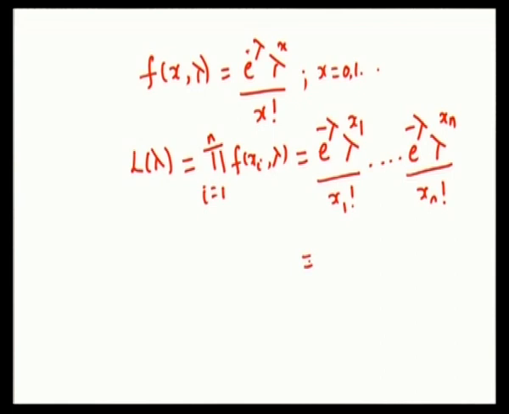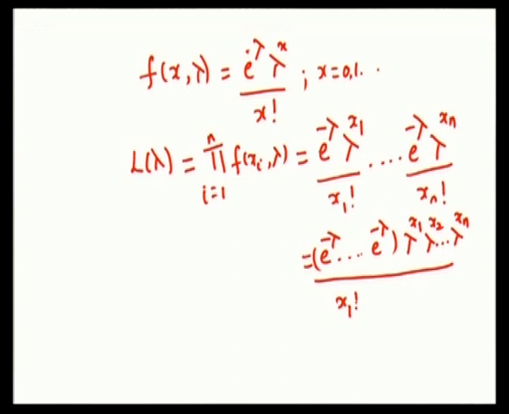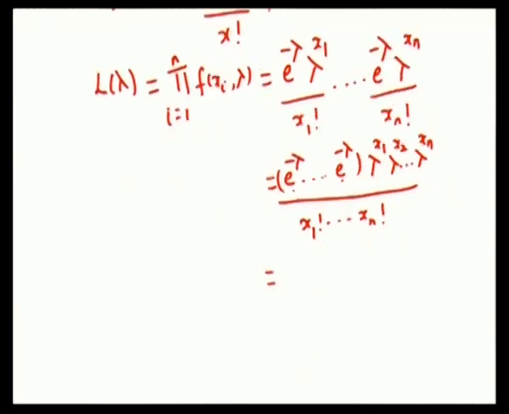Now, let us collect all the terms: e power minus lambda up to e power minus lambda. Here you will have lambda power x1, lambda power x2, up to lambda power xn. In the denominator you will have x1 factorial up to xn factorial. Now, e power minus lambda you have to multiply n times, so I can write it as e power minus n lambda.